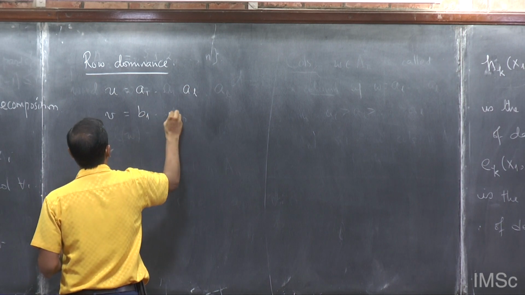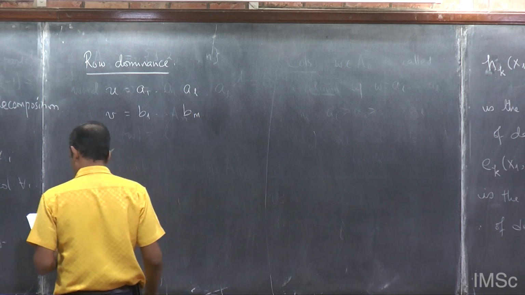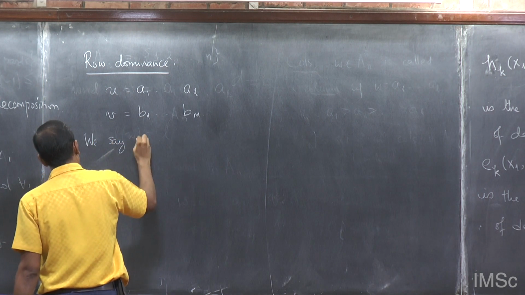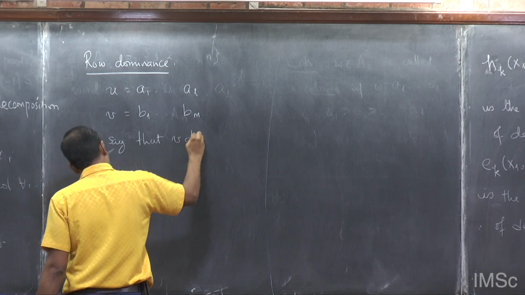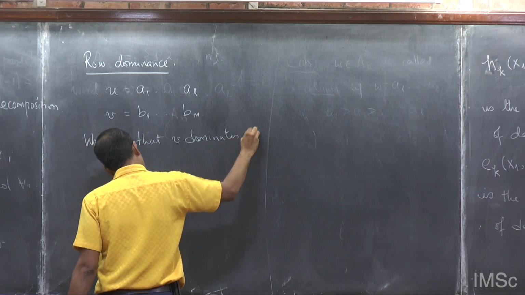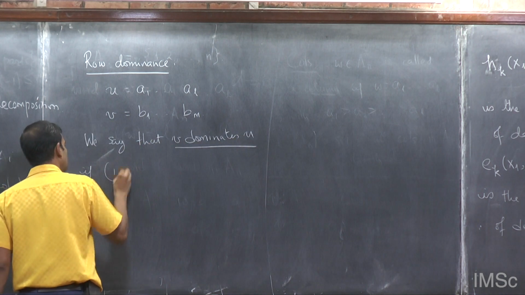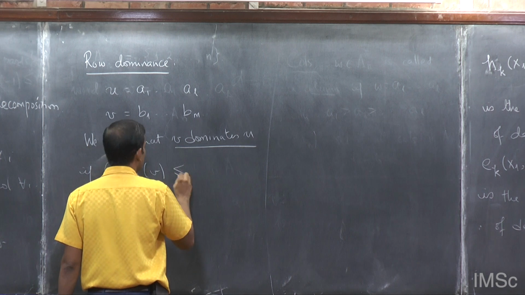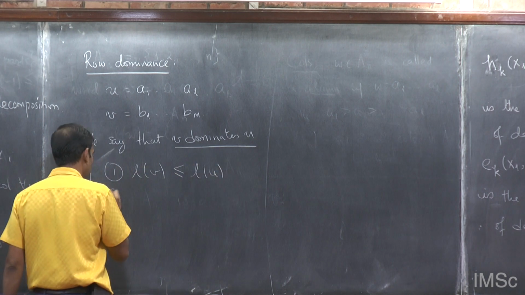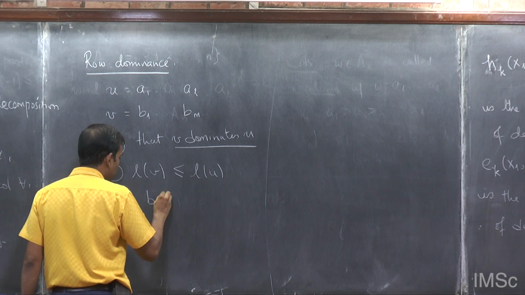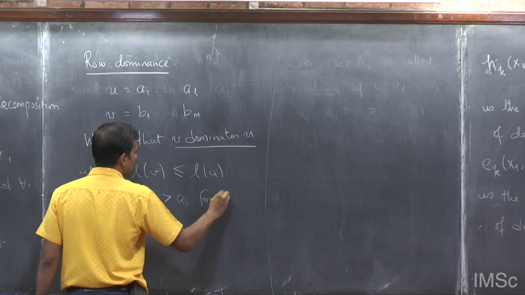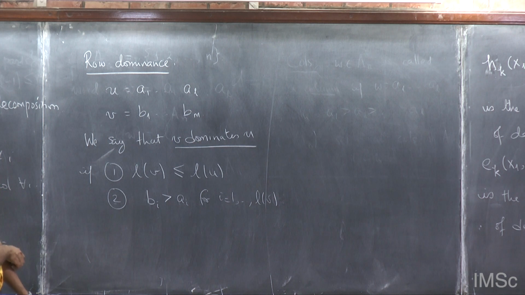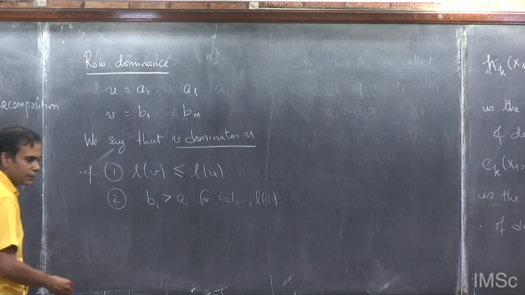V. We say that V dominates U if, one, the length of V is less than or equal to the length of U, and two, Bi is strictly greater than Ai for i equals 1 to the length of V. That means if I write U and then I write V below it, it looks something like this.